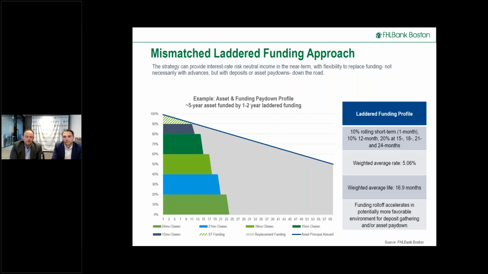So here's an example of an approach that we think is interesting and has some nice value right now, where if we were to look at putting an amortizing asset out there, call it 5 years, that's going to have some very modest pay downs. And certainly, as we look at what we wish we did differently back in 2019, it's probably put more prepayment protection onto the asset side of the balance sheet.